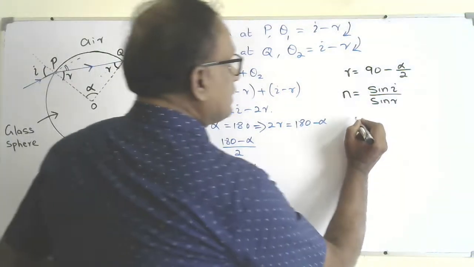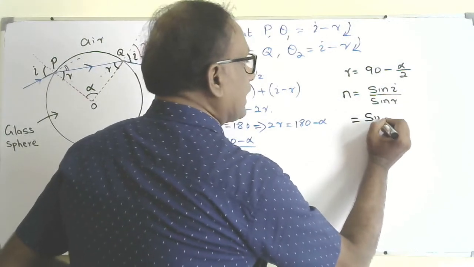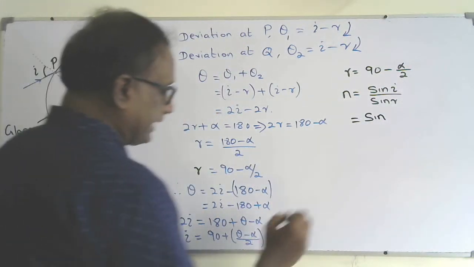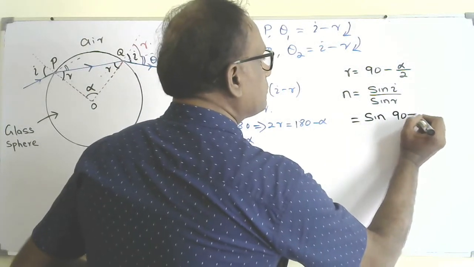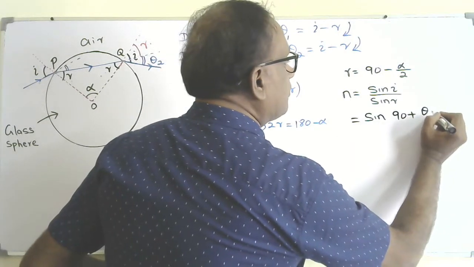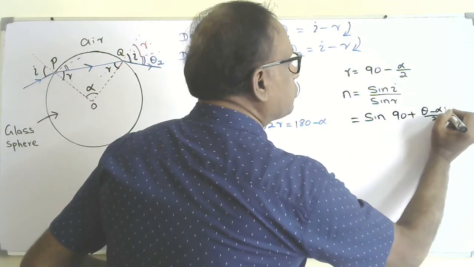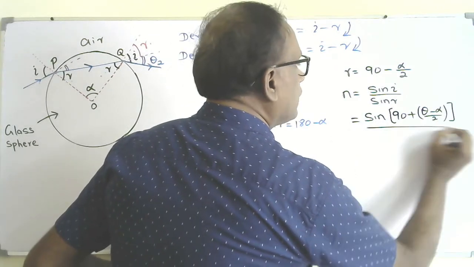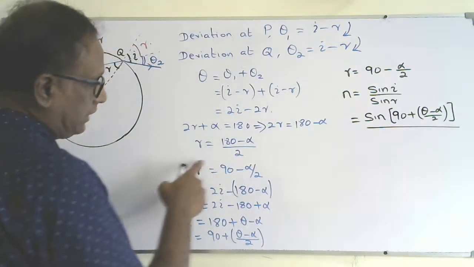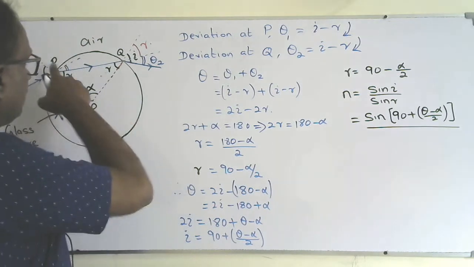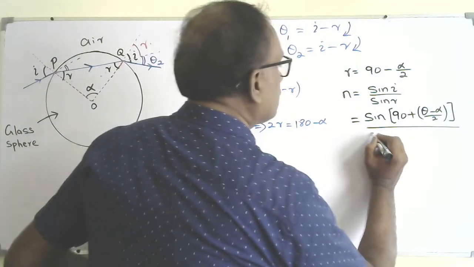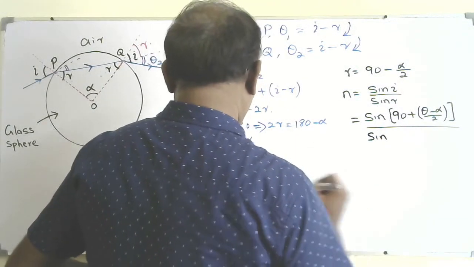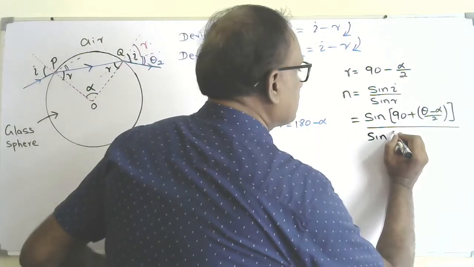So n equals sine I, that is sine, instead of I I can substitute 90 plus (theta minus alpha) by 2, over sine R. R I already got from the triangle, sine R equals sine of 90 minus alpha by 2.